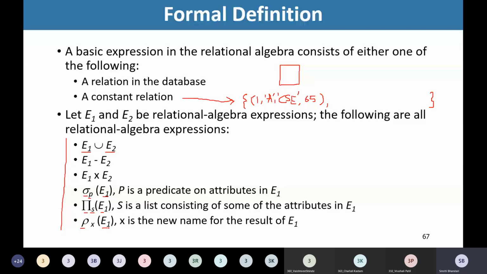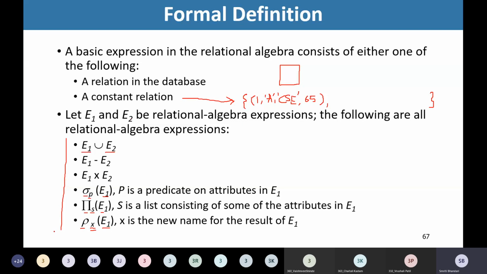We may have the rename operation denoted as rho for this sub-expression E1, so the output of E1 is renamed as X. X is the new name for the result of the expression E1.